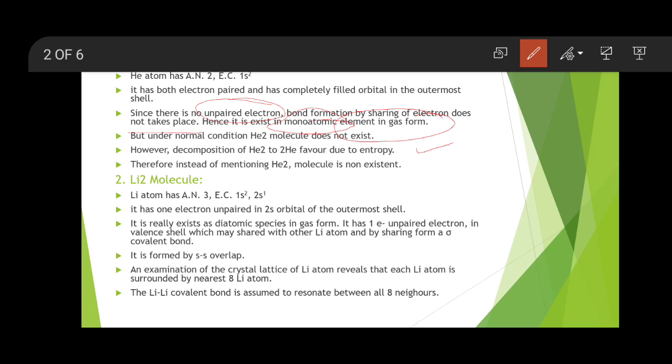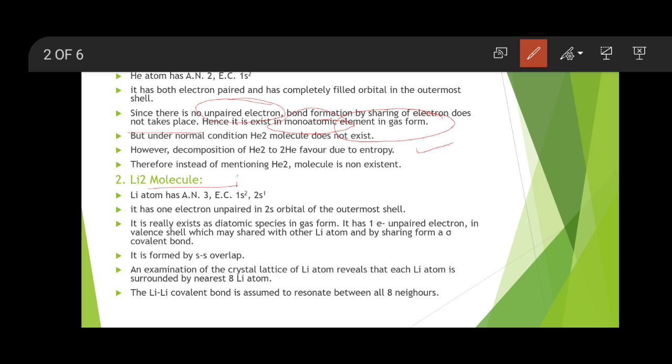Okay. Now the second molecule is lithium. In the periodic table, lithium is the third member, and therefore its atomic number is 3. It has 3 protons in the nucleus.